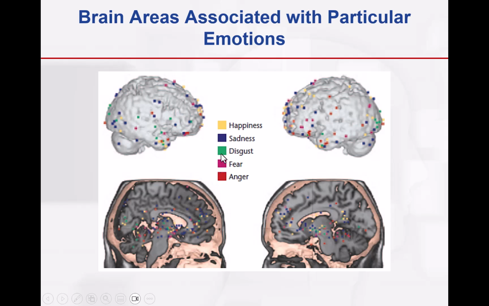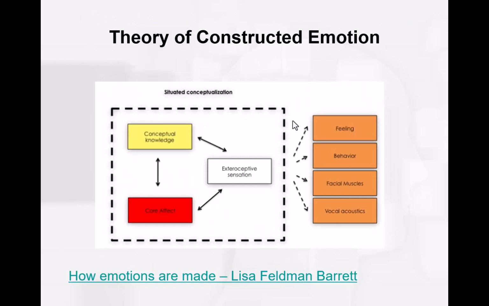Same thing for disgust, widespread all over the brain. Current neuroscience research is suggesting that there's really not one area that we can say is involved in emotion, or multiple areas involved in emotion, such as the limbic system, that maybe it's connectivity between different brain regions that's really important.